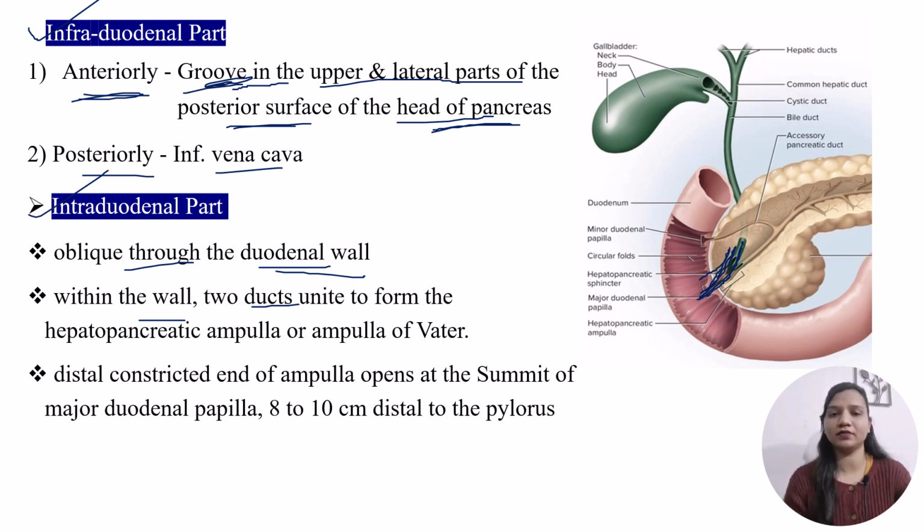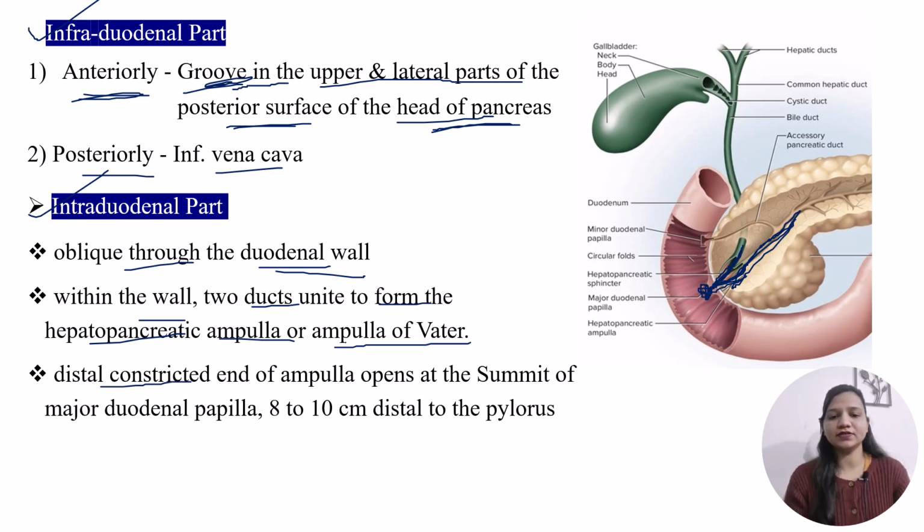It enters obliquely, and within the wall the two ducts, that is the infraduodenal bile duct and the pancreatic duct, unite to form the hepatopancreatic ampulla, which is also called the ampulla of Vater. So here within the wall of the duodenum, the bile duct coming from here and the pancreatic duct coming from here unite inside the wall of the duodenum to form the ampulla of Vater, or hepatopancreatic ampulla.